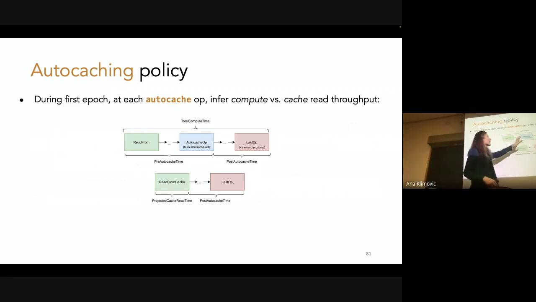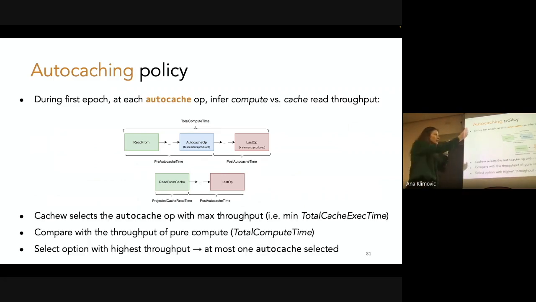We also look at the size produced by these auto-cache op locations in the pipeline. And we have a model of the actual storage we're using, and we say, if we were to read that volume of data from storage, how long would that take? And then we compare the projected read time of the result versus the compute time, and we pick whatever is fastest.